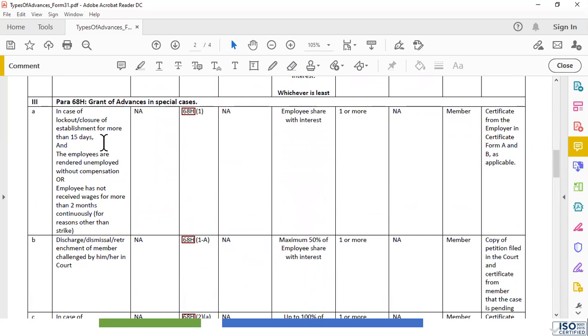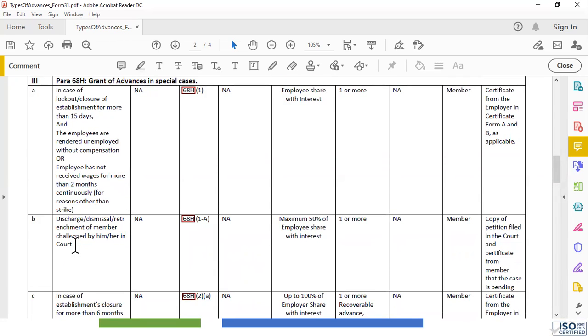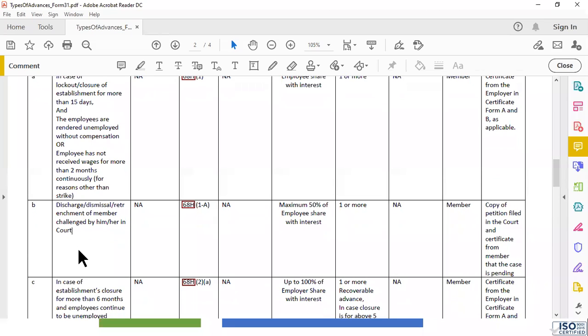Now people can apply for advance in some special cases. What are these cases? In case of lockdown or closure of the company, the employee has not received wages for more than 2 months. This is also one such case. Discharge, dismissal, retrenchment of members. In that case also, this PF money is the employee's money.